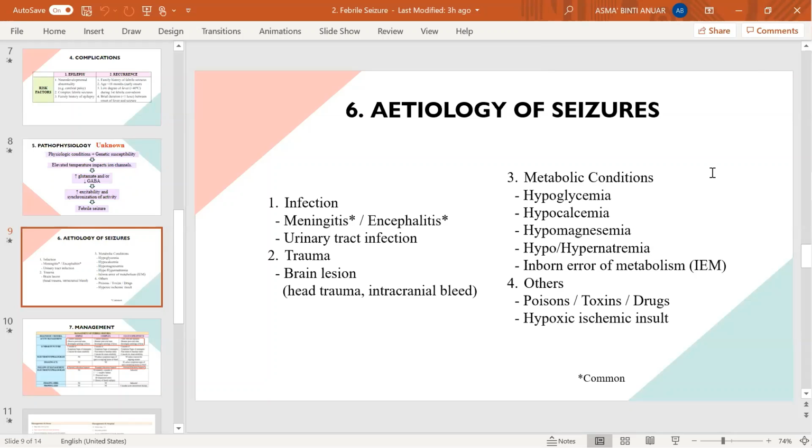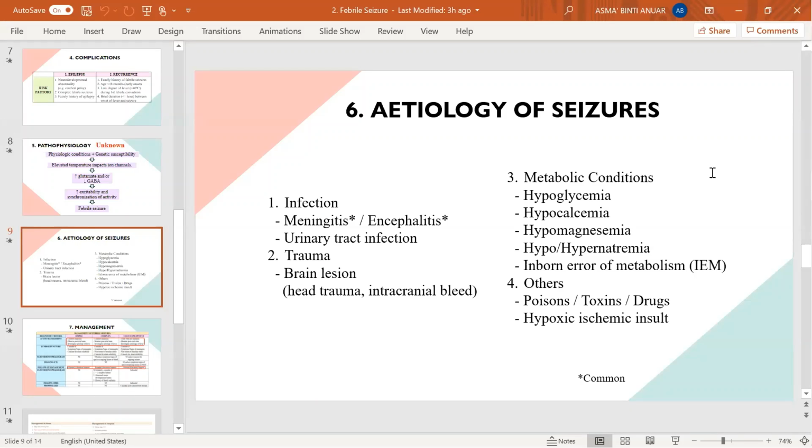But more important to exclude is actually the metabolic causes, especially hypoglycemia, the reversible causes of seizure. Hypoglycemia first, and then electrolyte imbalance, then possible epilepsy syndrome, I mean from the history or from the physical examination.